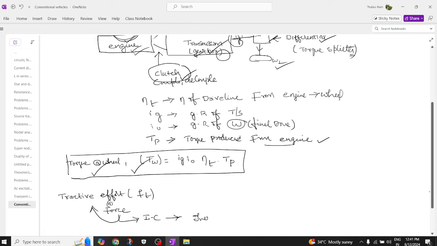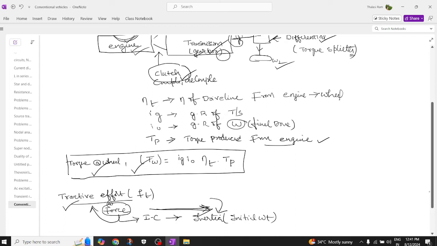It has some inertia, where this inertia is called initial weight. So any vehicle will have some initial weight or weight of the vehicle. So the force required by the engine to propel the electric vehicle in the forward direction is called tractive effort.